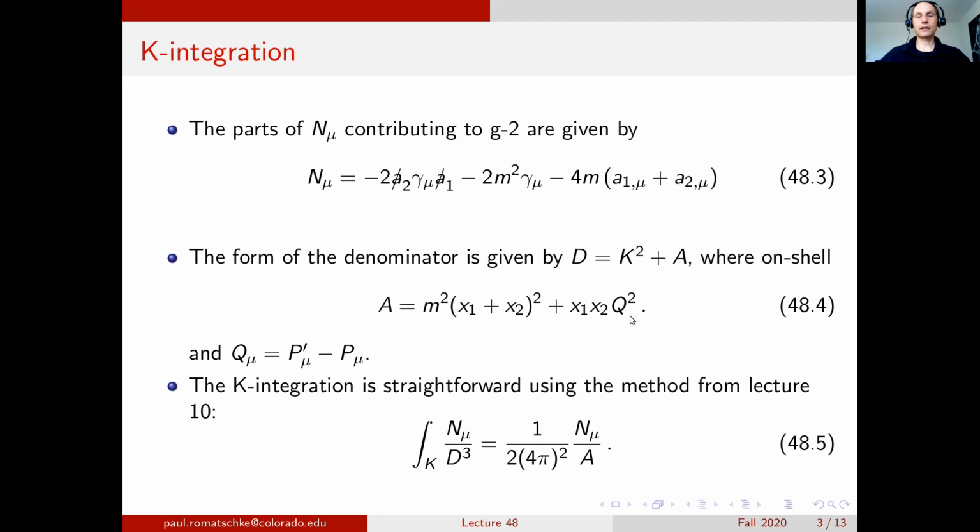If we now want to integrate the expression N^mu over D, this is straightforward because N^mu does not contain any dependence on the momentum k, and the denominator is just k squared plus A. So we have something that we can evaluate using the function phi from lecture 10, and we find it's given as 1 over 2 times 4 pi squared, N^mu over A. Part of the reason is that since this is 1 over (k squared plus A) cubed, this integral is nicely convergent.